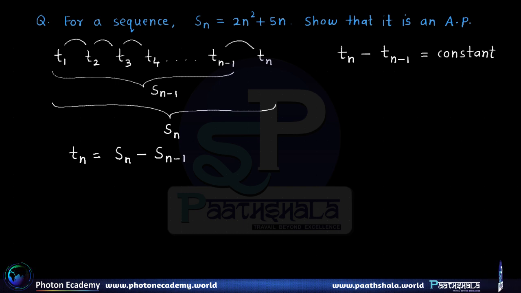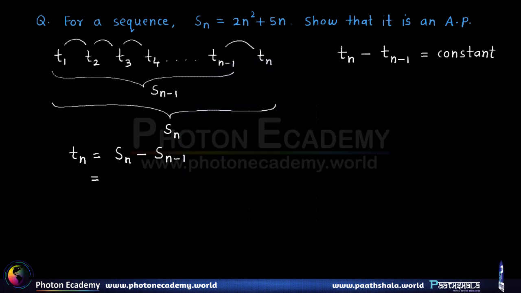isn't it? Now let us substitute the expressions for these two, that is Sn is nothing but 2n square plus 5n minus, now to write Sn minus 1, wherever there is n, we will replace it with n minus 1.